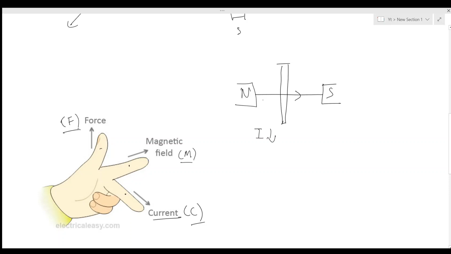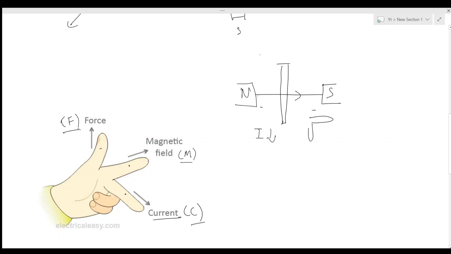What would be the direction of the force that's exerted on this wire? You see the middle finger is the direction of the current, so the middle finger would point downwards. This is your middle finger. And the index finger would point in the direction of the magnetic field, so it's from this way to this way, from here to here.